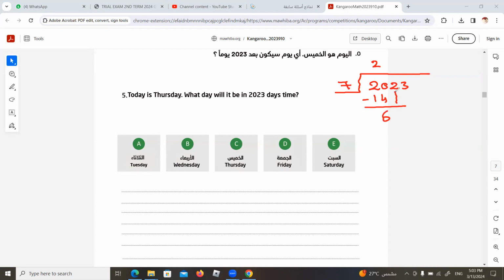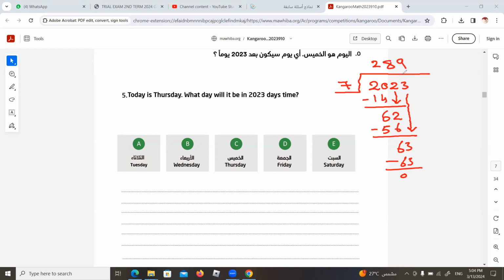After that, I drop down 2. 62 divided by 7 is 8. 8 times 7 is 56; subtract and you get another 6. We drop the last number, which is 3. 63 divided by 7 is 9. 9 times 7 equals 63, so the result will be 0.